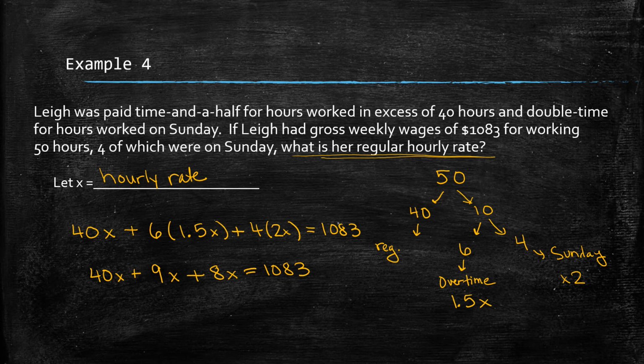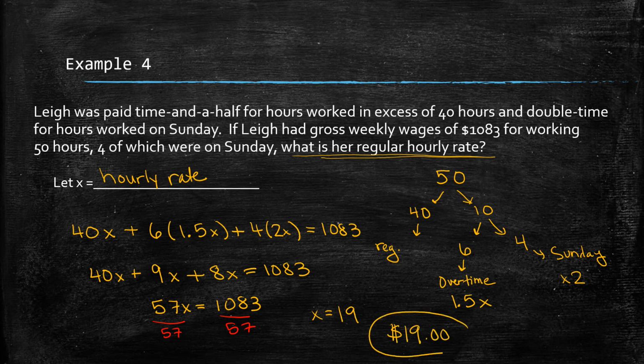Add your like terms: 9x plus 8x would give us 17, so 57x is equal to 1083. Divide both sides by 57, and I believe you come up with 19. So 1083 divided by 57 is 19. So her regular hourly rate is $19 per hour.